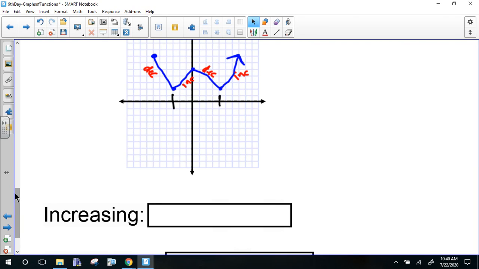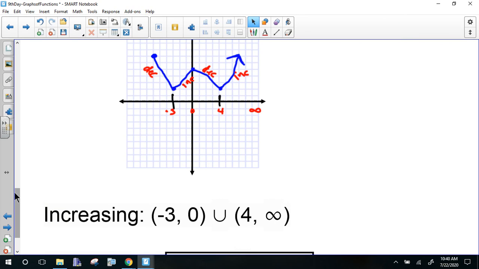So what are the intervals where it's increasing? It is increasing from -3 to 0, and it's increasing from 4 to infinity. So -3, 0, union 4, infinity.